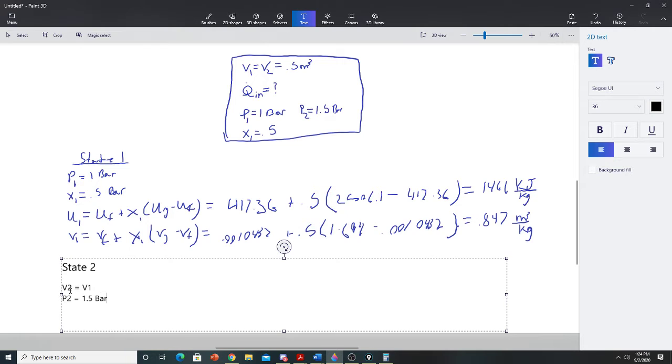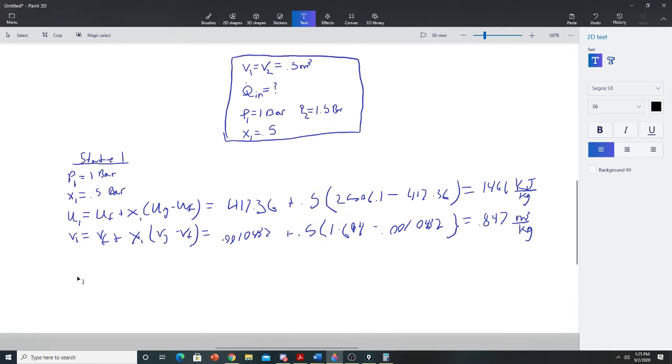Remember, total volume is not on that table, right? So with what we have now, we can't do it. We need more information. Really quickly, this V2 is equal to V1. Let me draw something for you.